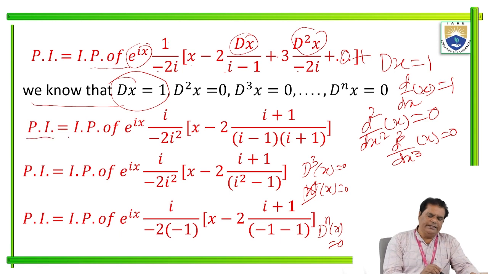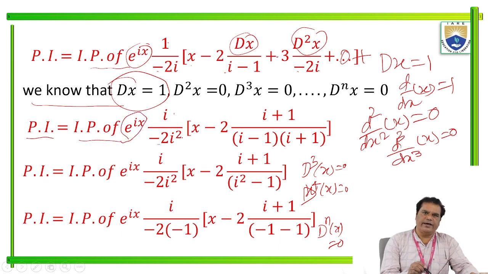So now here P.I. is equal to I.P. of e to the power ix, 1 upon minus 2i square. How can we get here i square? Multiply i in numerator and i in denominator, taking its conjugate. I multiply i, so i square. Numerator i and denominator i here in this result. So we get i into i square, i square is minus 1.